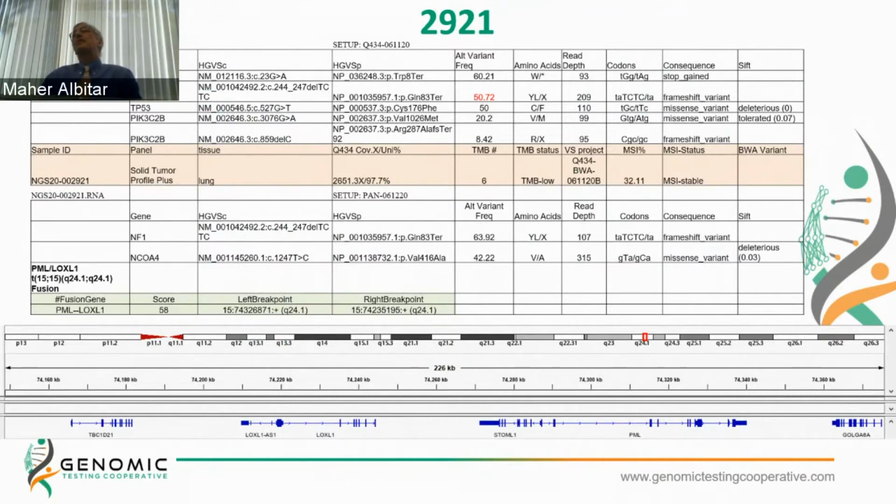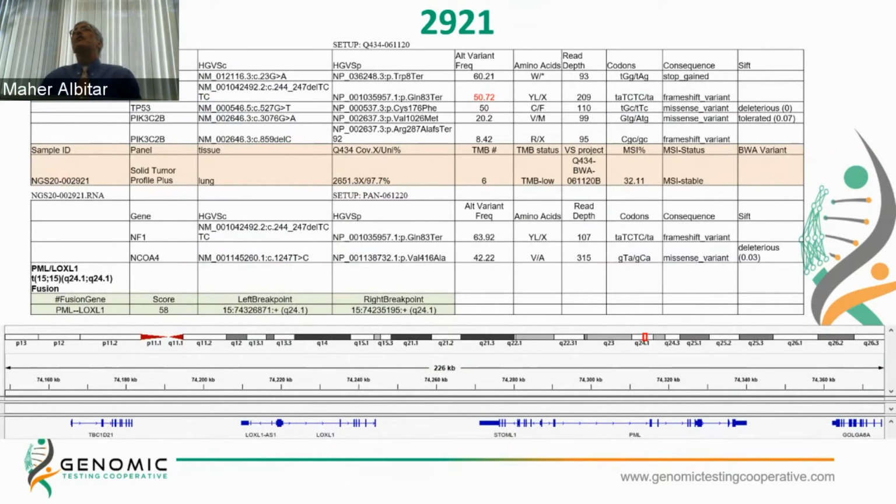At the same time, the TP53 mutation is also detected at a high level. We also detected fusions that involve the PML gene and LOXL1 genes. These two genes are located on chromosome 15, but each on a different part of the chromosome, one on the P and the second on the Q arm of chromosome 15.